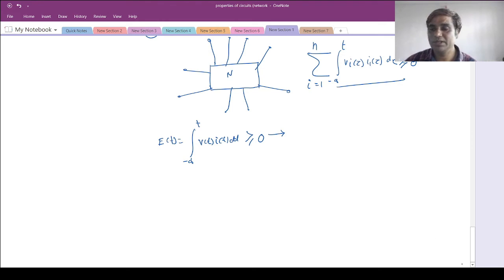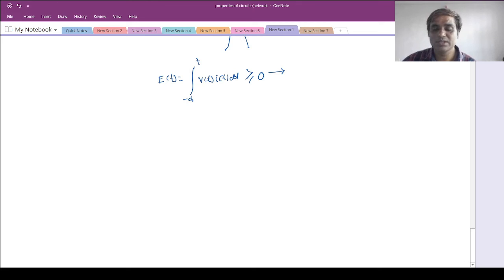For example, consider a linear resistor with constant value R. Here, if I am taking e of t, what is v of t across this? It will be R into i of t. So if I solve, it will be the integral from minus infinity to t of R i squared of t dt.